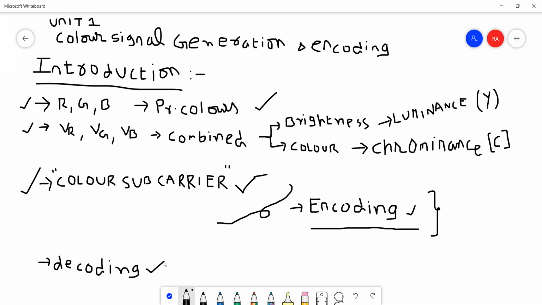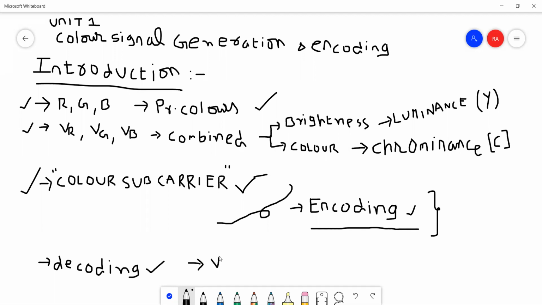So at the receiver, the reverse process is called decoding, and is used to recover these signals back.